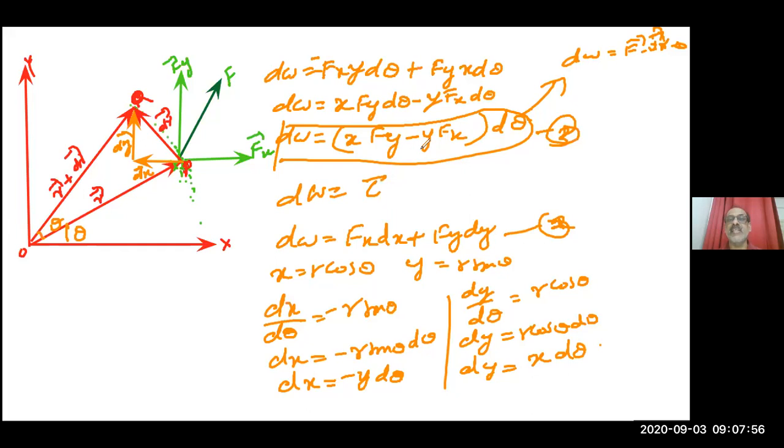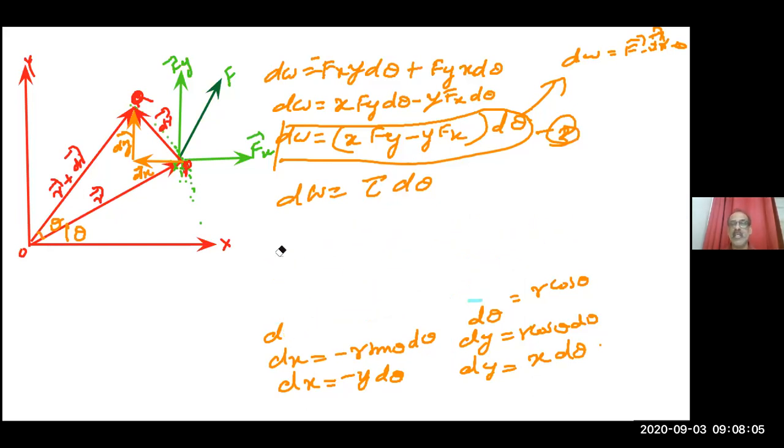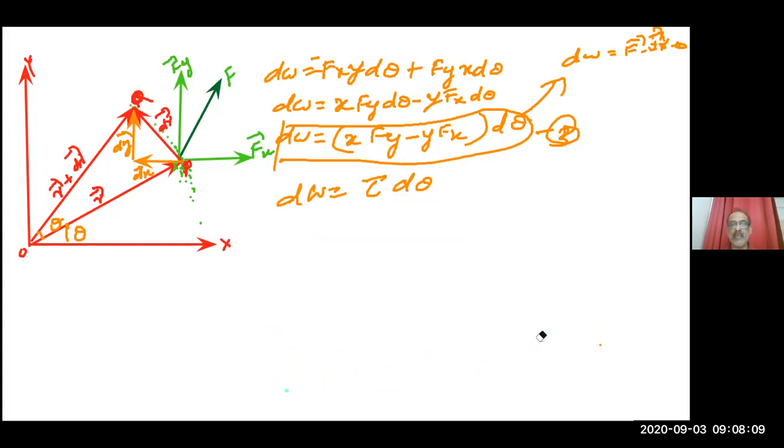So x into fy minus y into fx we can write as torque, torque into d theta. Here tau is the moment of force, and tau is equal to x into fy minus y into fx. This is the way torque in the Cartesian coordinate system is represented.